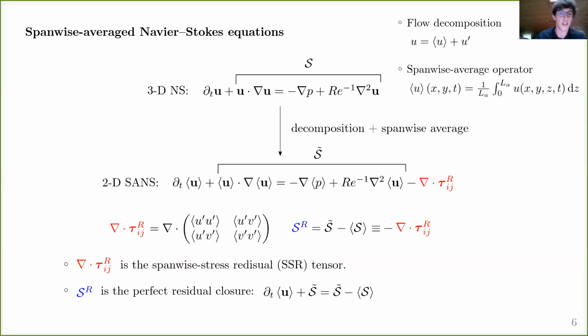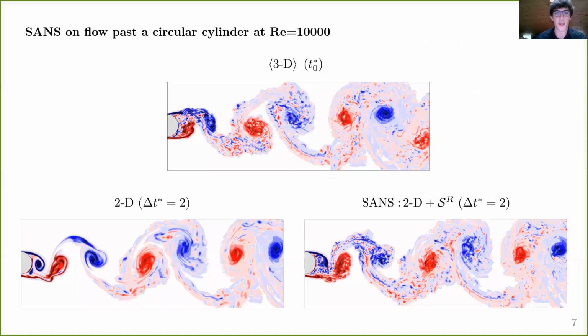So from a qualitative point of view, if we start from a spanwise average snapshot in a 3D simulation, and we let this evolve for 2 convective time units, on the bottom left we have what we would obtain if we don't include these spanwise fluctuating terms.